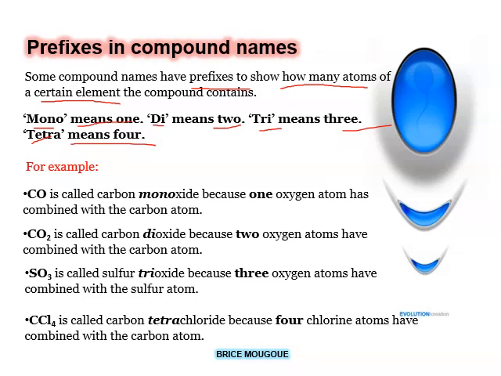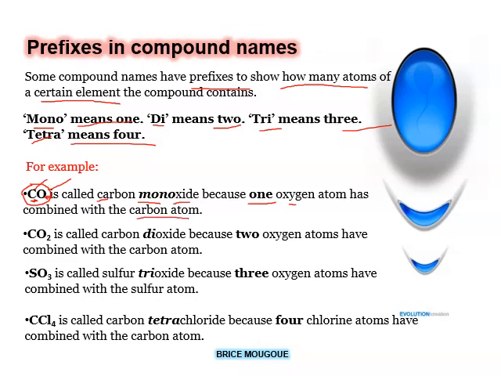We'll see here CO. Notice that there's only 1 carbon, 1 oxygen, because the subscripts have nothing there. It means there is 1 of each. 1 is mono, so I'll call this carbon monoxide. The monoxide is to say that there's only 1 atom of oxygen which has combined with the carbon atom.